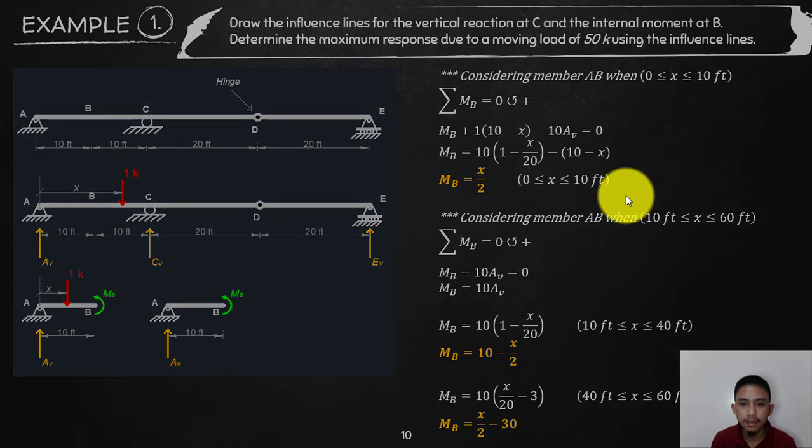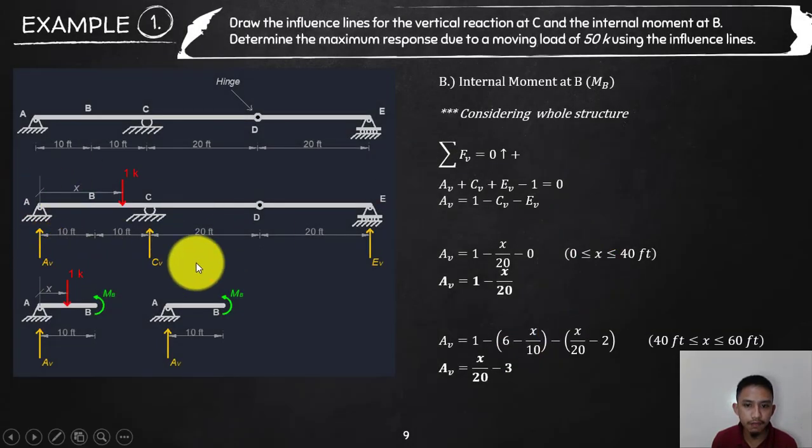Okay, so first we are establishing AB. When x is from 0 to 40, your value of EB is 0 and your CB is simply x over 20. Simplify this one, therefore our AB will be 1 minus x over 20 when x is 0 to 40. And then change that one with the values of EB and CB when x is 40 to 60.